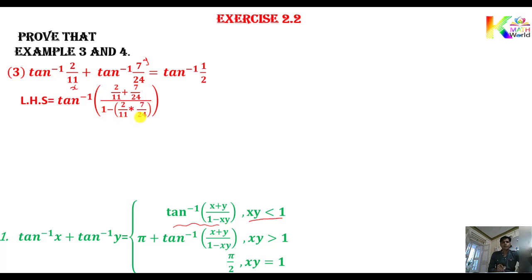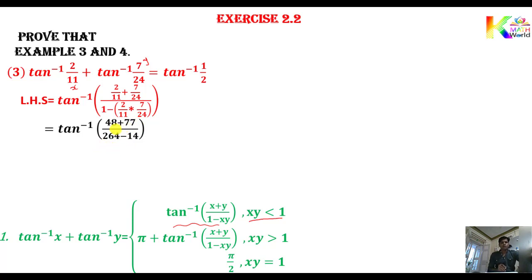Then 11 into 24, you can calculate easily on a calculator. So tan inverse of this is 48 plus 77 over 11 into 24, which is 264, minus 7 2s are 14. Whatever your LCM is, 11 into 24, same way 11 into 24 will be the LCM for the denominator, so that LCM directly cancels out.